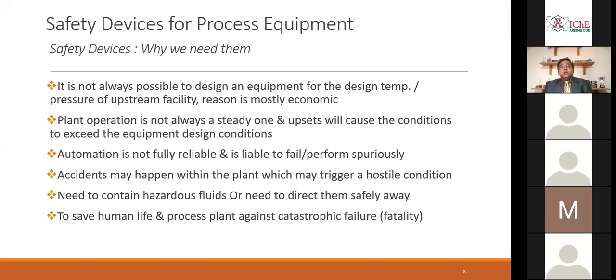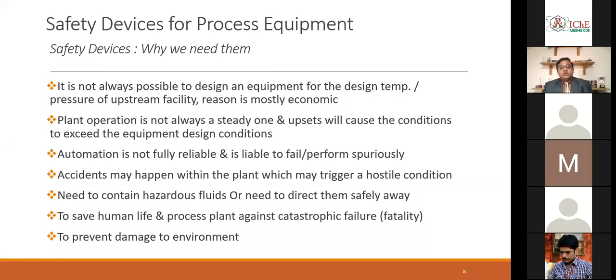I mean, there was an incident in, I think, London 8 or 10 years back, near Heathrow Airport, where the fuel oil, the aviation fuel storage tanks somehow caught fire and it kept burning for 3-4 days, and it was catastrophic. So to avoid these kinds of things, we need safety devices and to prevent damage to the environment.